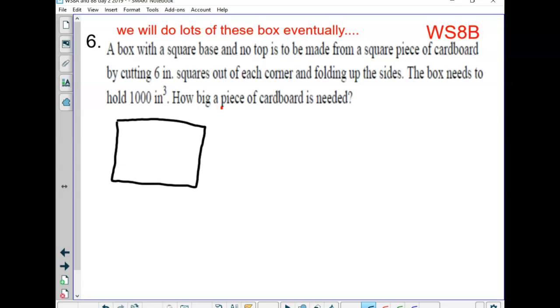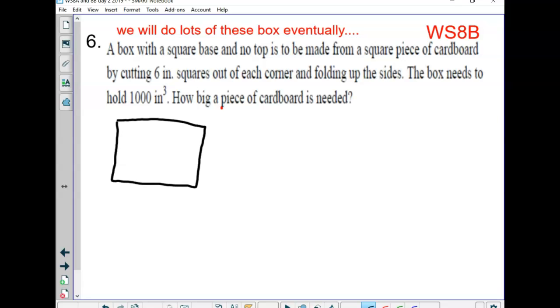They had a square, so it looked like this, right? A square. And then they cut squares out of the corners, and then they're folding up the sides of the box. So it's going to look like this.